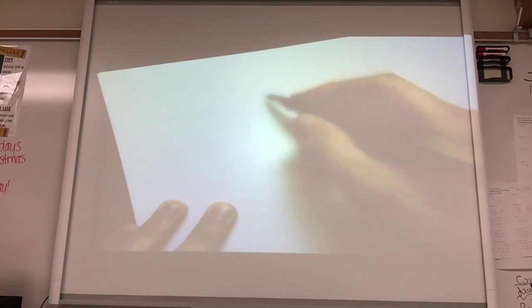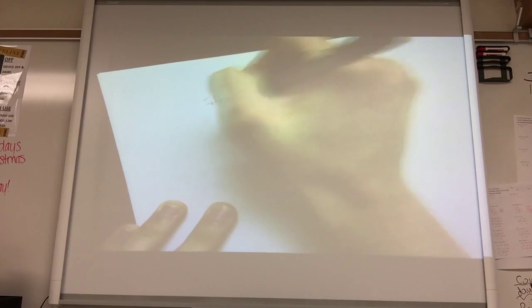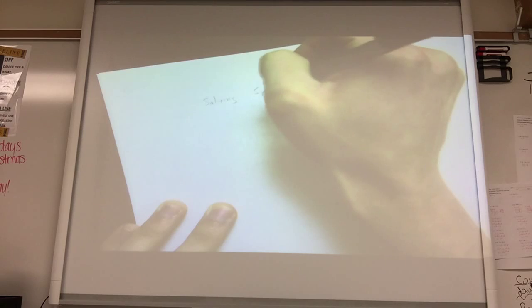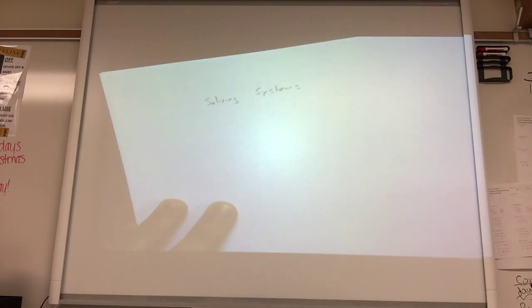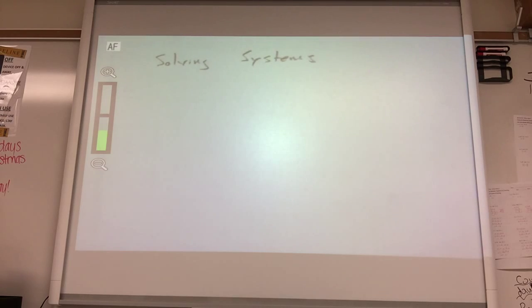Alright, so in this video we're going to be solving systems. Before, we solved systems of linear equations. Now we're going to be solving systems that could be linear, but mostly the focus is going to be quadratic.